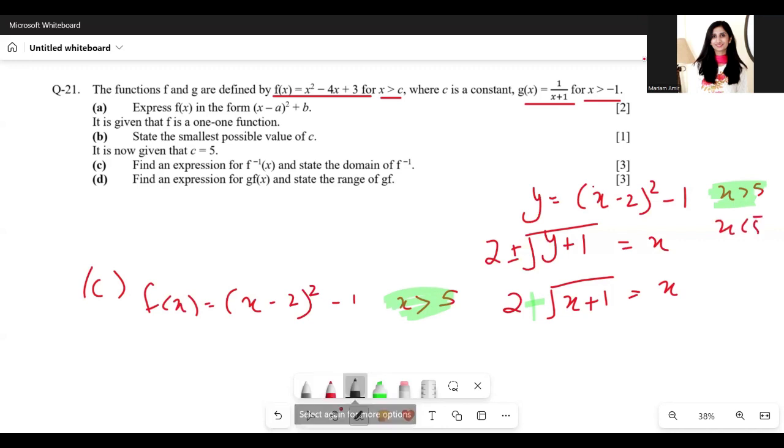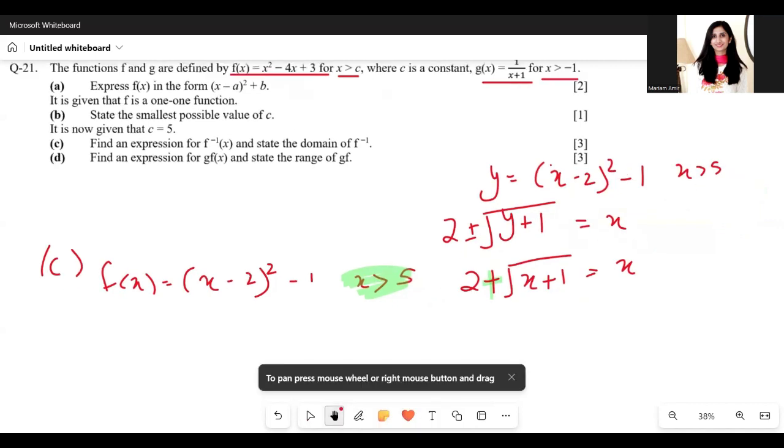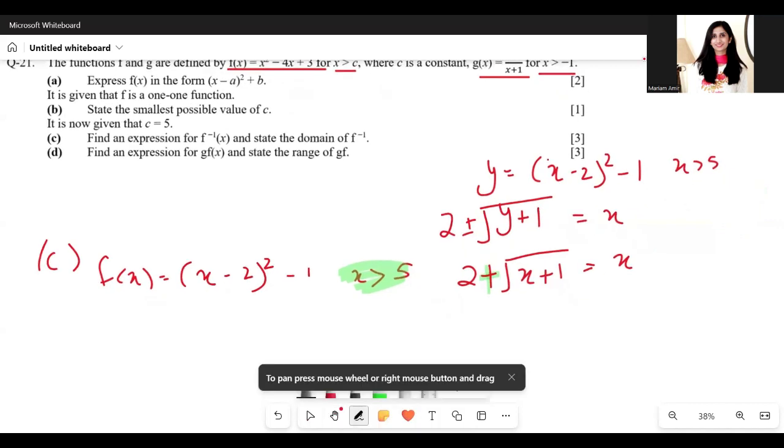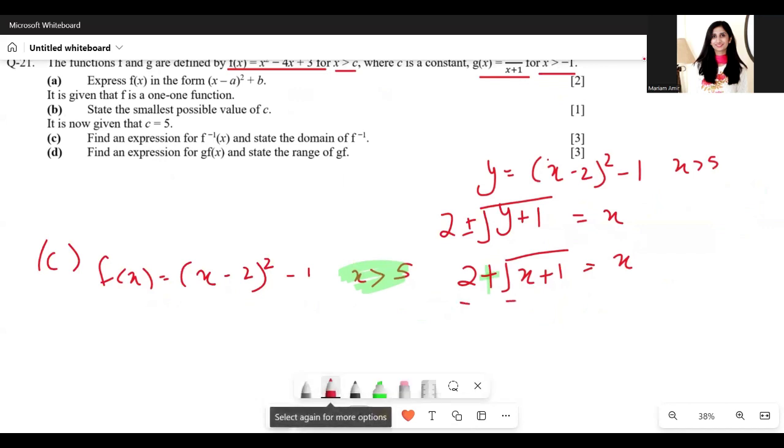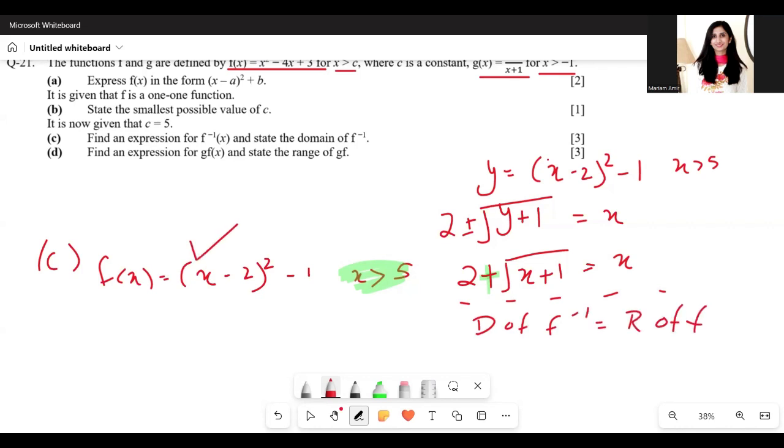Next, we also need the domain of f inverse. So domain of f inverse is equal to the range of f. Now I'm going back to f. This is f(x) = (x − 2)² − 1, where x is greater than 5.